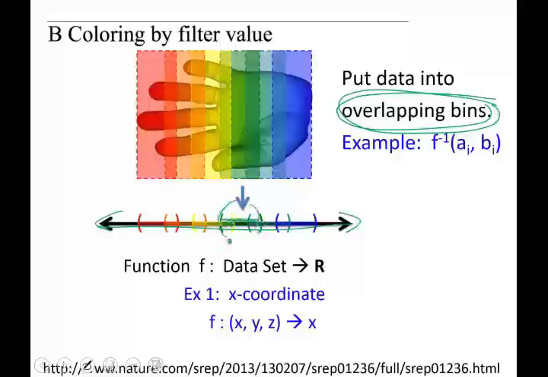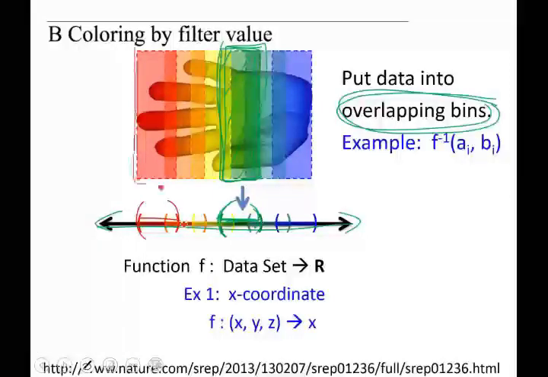Then I can take the pre-image of this open interval to create this bin right here. So all the data in the pre-image of this open interval gets placed into a single bin. We can also take the pre-image of this open interval right here, and we get all the data into here.